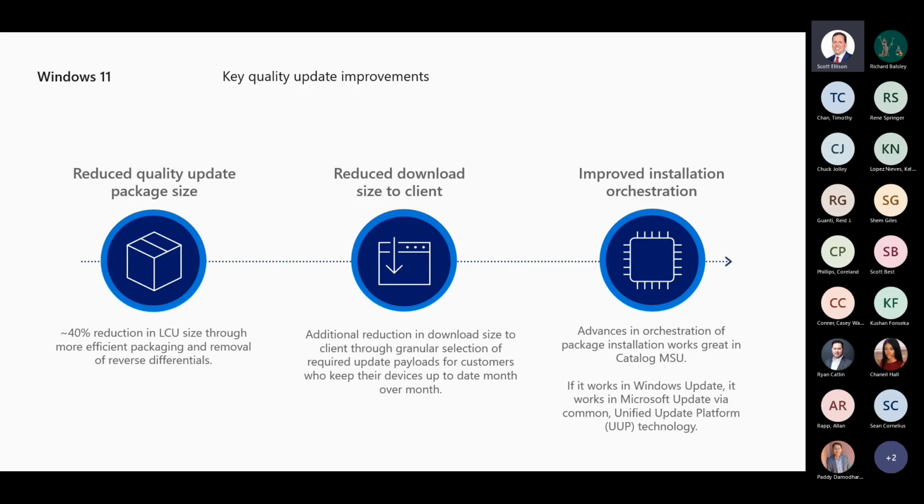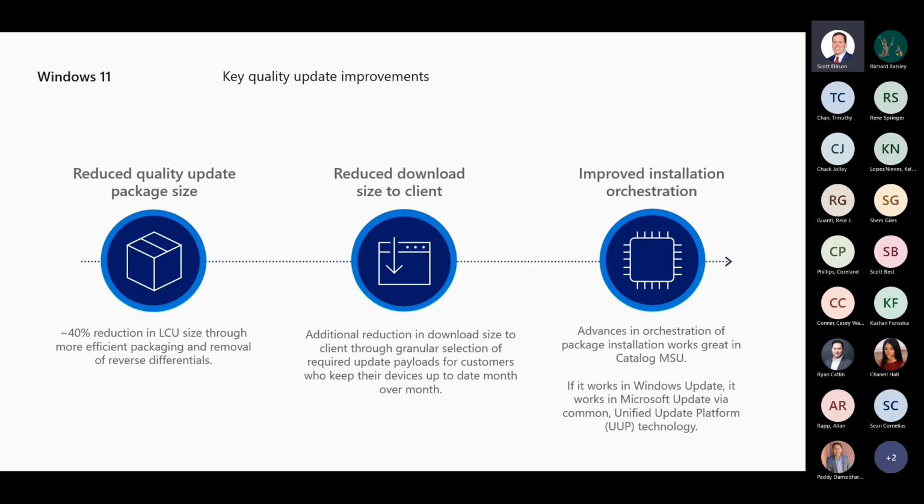You'll probably notice over time, especially with earlier versions of Windows 10, that those cumulative updates started getting pretty large as that version of Windows 10 got some age on it. That also translates into reduced download size to the client. So the more up to date your devices are, the less they'll need to download and install to get them up to the latest version of Windows 11.